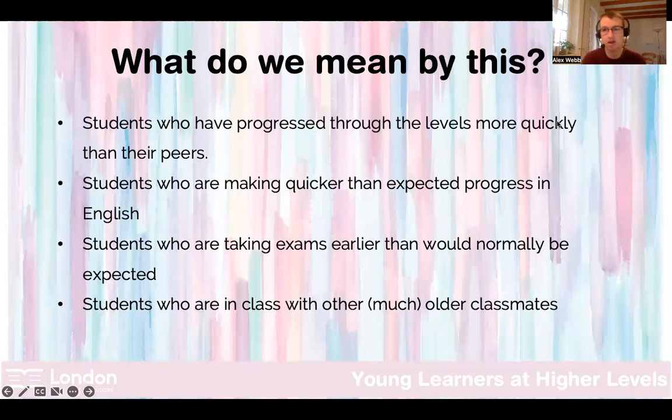In certain ways that can pose a few problems for the teacher and for the students as well. So we're going to have a look at what kind of problems this might pose for us as teachers when we're teaching these students who have made quicker than expected progress through the levels.